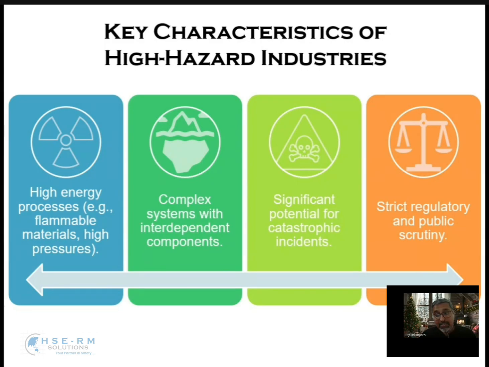Now, based on these parameters, what do you think? Do we have any industry which is not a high hazard industry? Looking at these parameters, do you see that there exists an industry which is not a high hazard industry? No, there is none. Because these criteria are very clear.